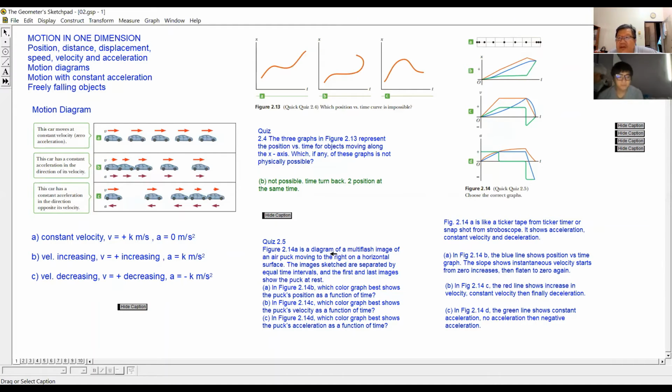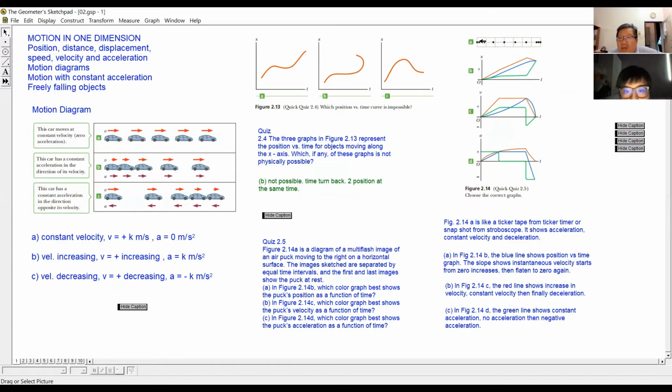Part A of the question is referring to graph B. Part B of the question is referring to graph C. And part C of the question is referring to graph D. So they didn't say anything about the A here.